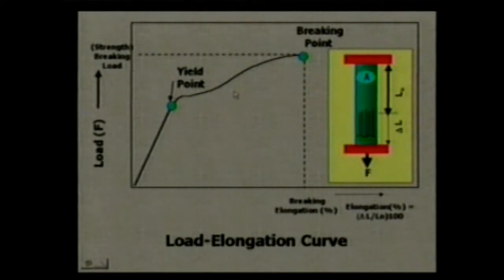And I think we need to understand that as we load the material during processing, we should never exceed the yield point. We should never exceed the elastic limit. And I believe that all machine makers and all people who design and develop machines that handle textile materials make sure that this point is well taken care of.